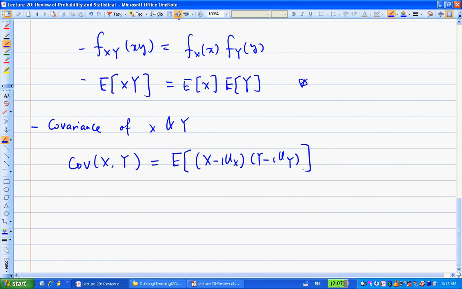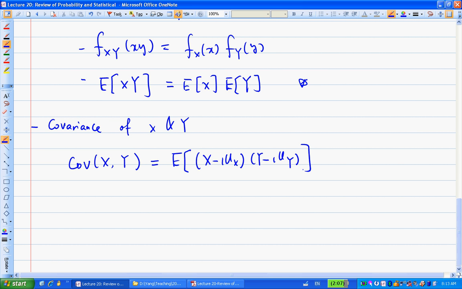Covariance is a value that tells you the trend of the change between X and Y. Do they always change in one direction? If X is changing positive, then Y is also changing positive.